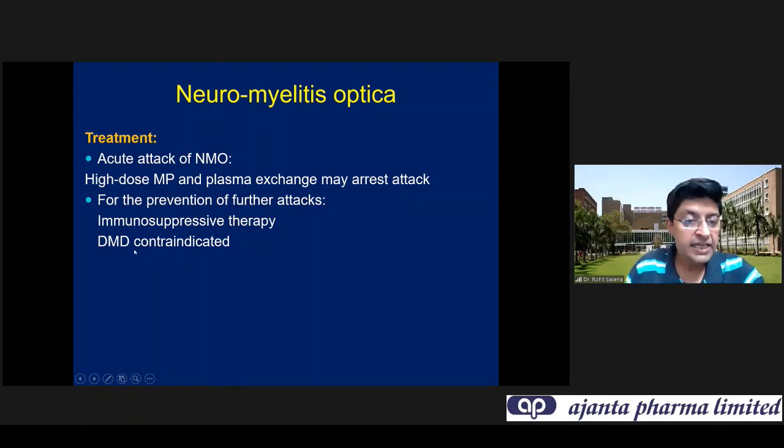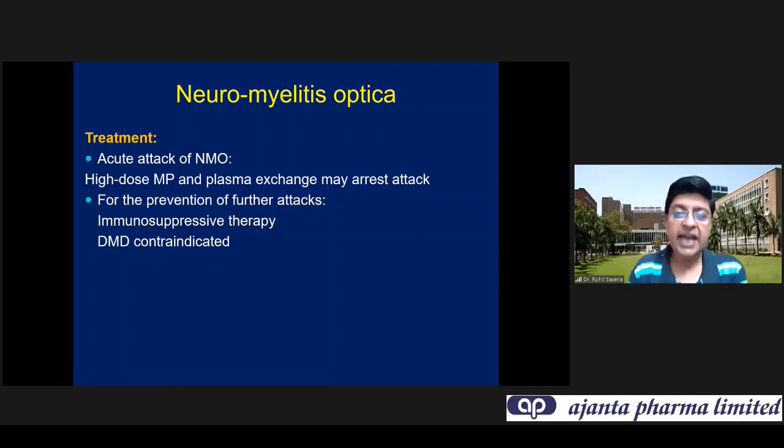Disease-modifying agents, which are used for preventing development of multiple sclerosis, are actually contraindicated because we have seen that giving disease modifying agents increases the recurrences in NMO. So again, the importance of trying to identify NMO early.